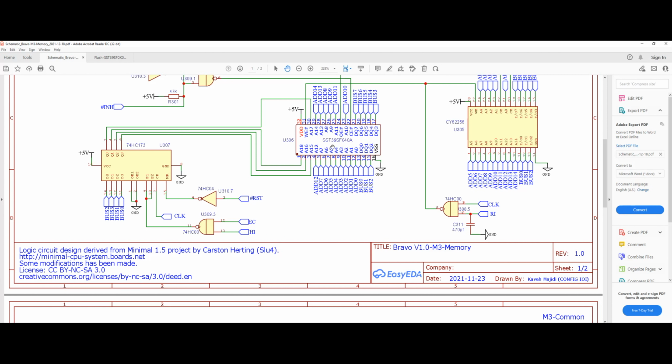However, in the case of the flash memory, this is not as simple as that. Essentially, these flash memory chips have a protection mechanism in order to prevent accidental writes on these chips.